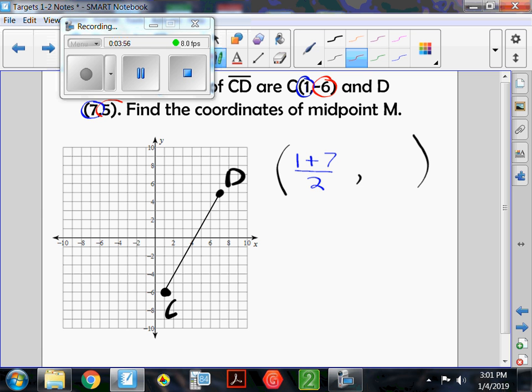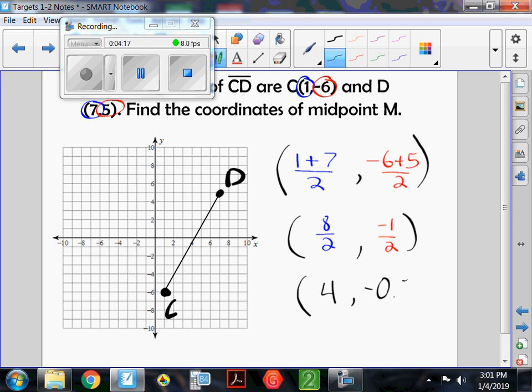Do the same thing with the y values, -6 plus 5 divided by 2. That gives me the average of the y values. So 1 plus 7 is 8 divided by 2, and -6 plus 5 is -1 divided by 2. And so I can write this as 4, -0.5. That would be M, my midpoint.